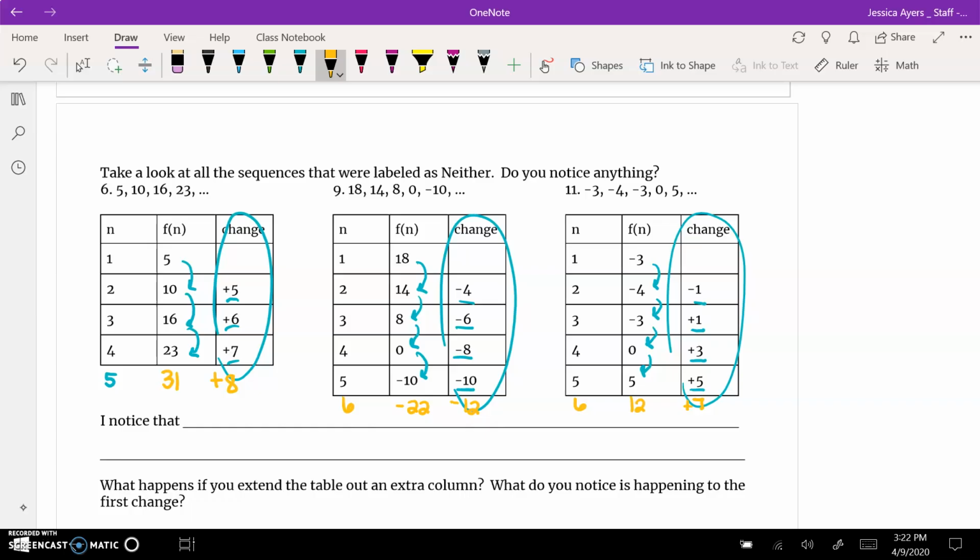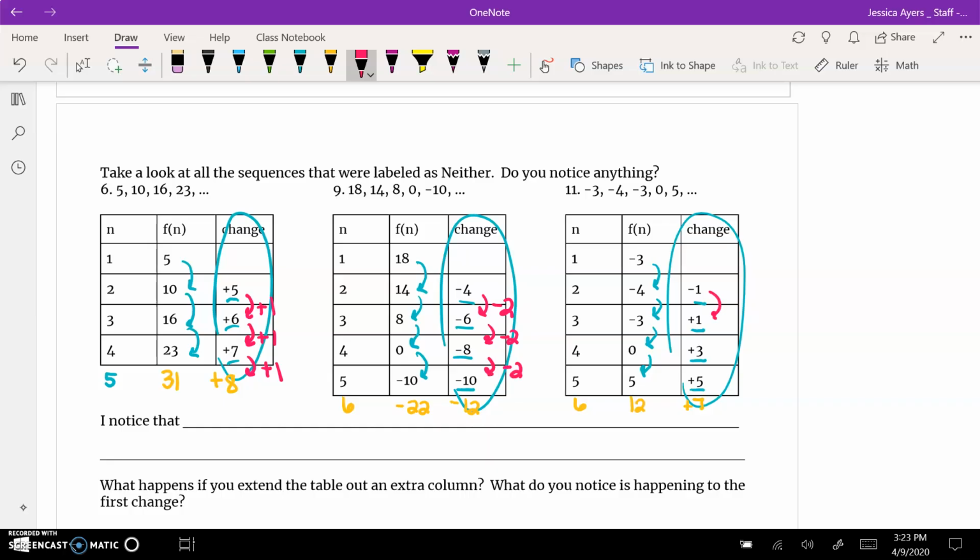So while the change isn't constant, there is a pattern. We notice that there's a pattern to what we're going to add. For number 6, that pattern is each time we increase what we add by 1. In number 9, we increase what we subtract by 2.